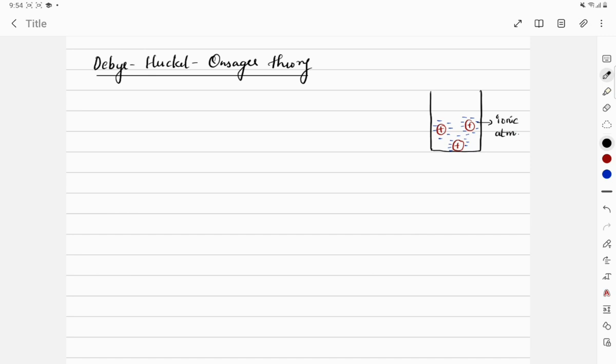Now if we do not apply any potential to this system, the ionic atmosphere will be symmetric and spherical in nature. So you can understand there will be a positive sign which is perfectly surrounded symmetrically and spherically by the negative signs. That is in absence of any potential.